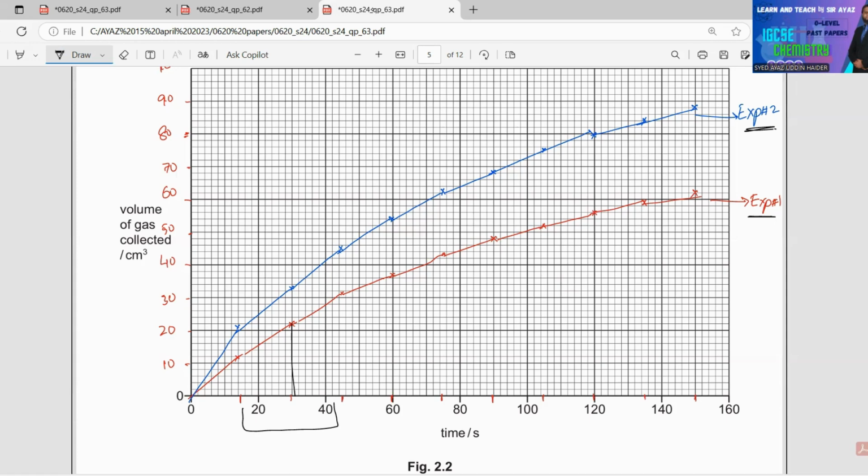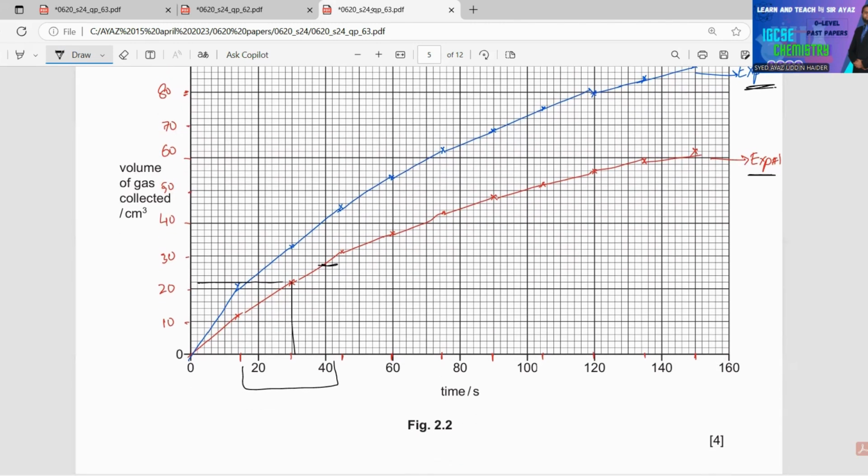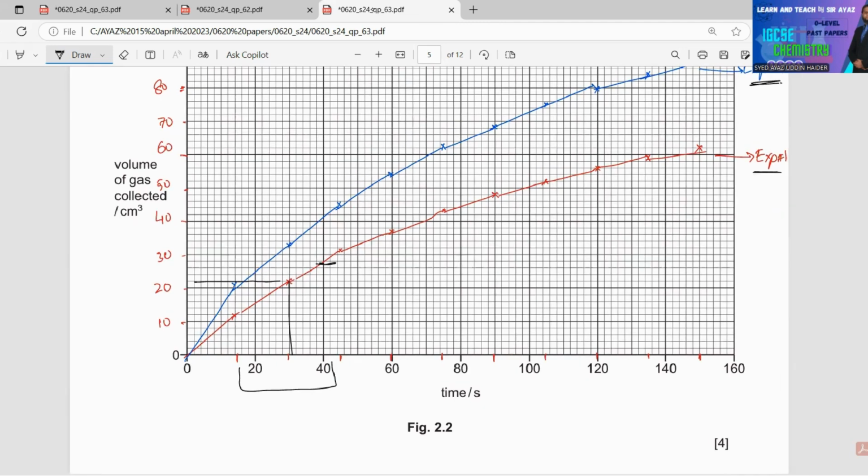The maximum volume collected is here, which is 27.5.